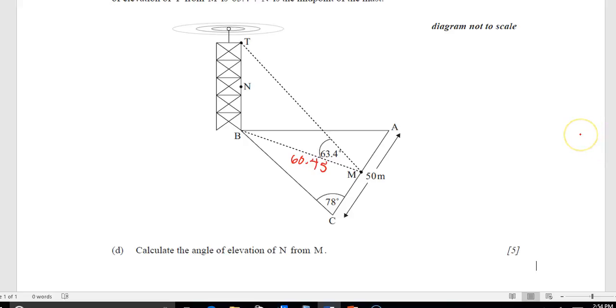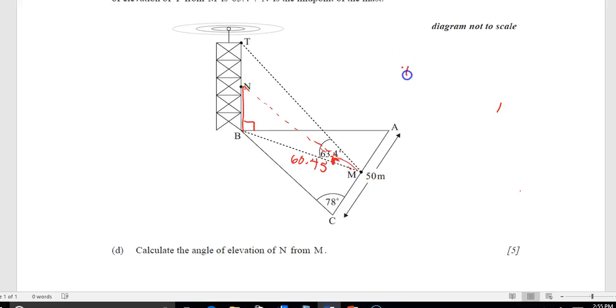What we want to find is the angle of elevation from N. So eventually we're after this angle down here. Now the big angle is 63.4, but we're after that angle that cuts it. And it's not cutting it exactly in half. So what we need is, this actually forms a right angle down here. So we can find TB, which is the entire tower, by using the outer triangle.